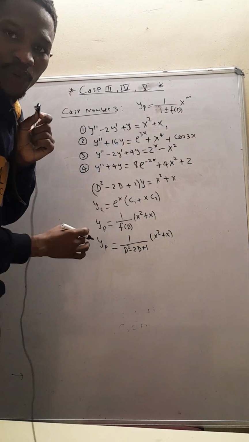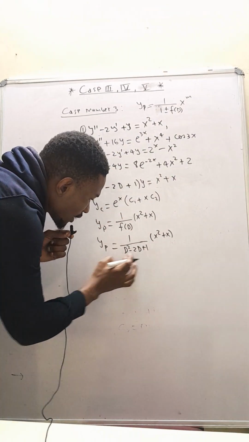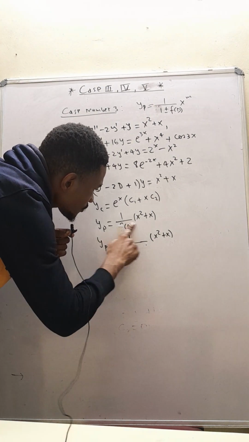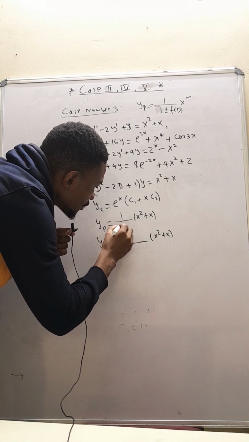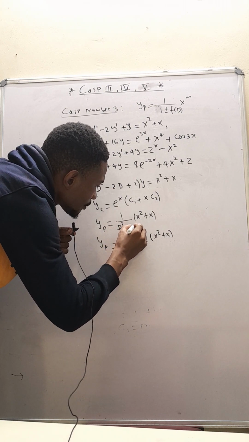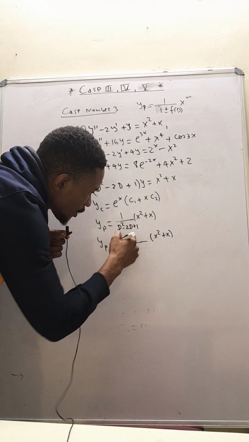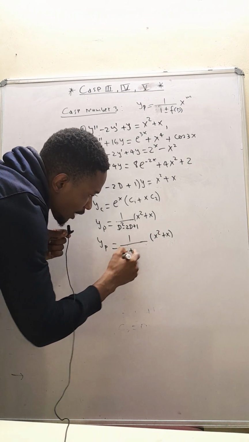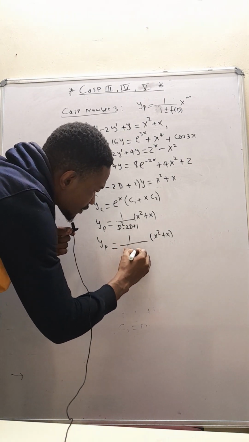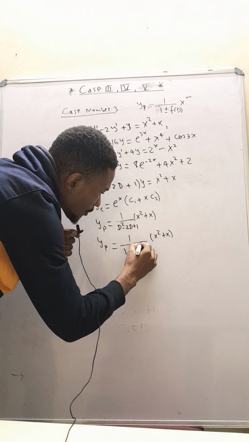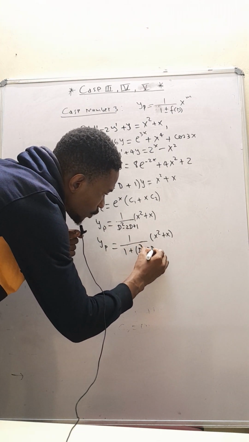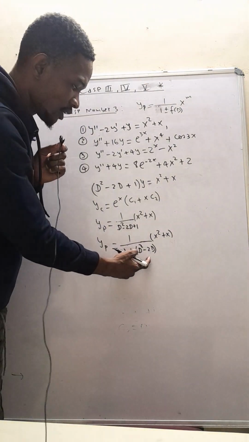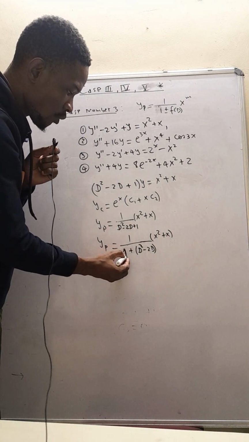So take this 1 out, call this 1, then plus D squared minus 2D. This is the function of D, and this is your 1.